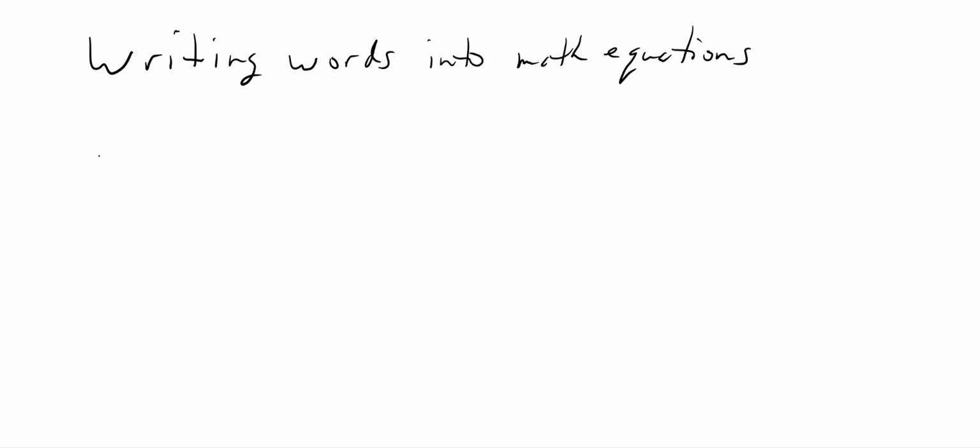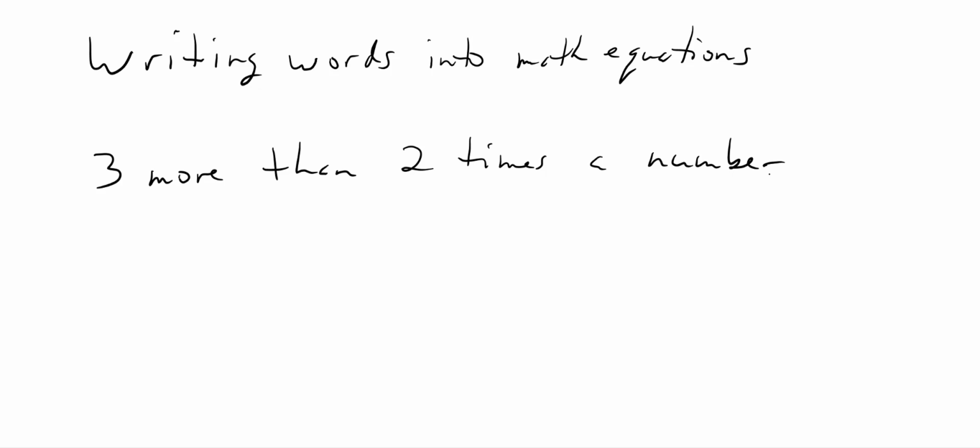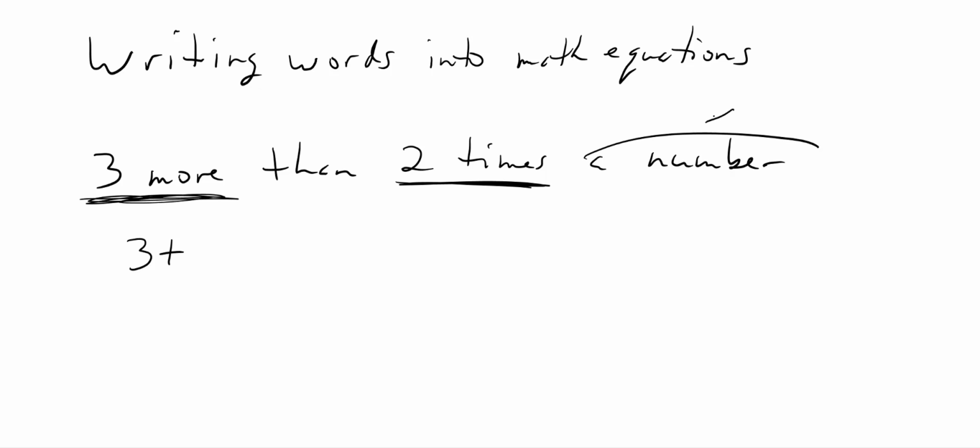Okay, writing words into math equations. So if I said 3 more than 2 times a number, some of you might say, oh, 3 more, more means add. So 3 more than 2 times a number. If I call a number x, so 3 more than 2x.